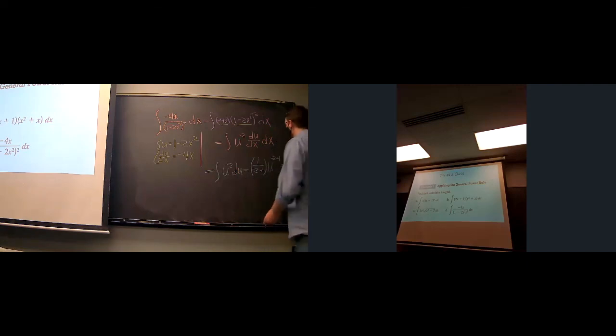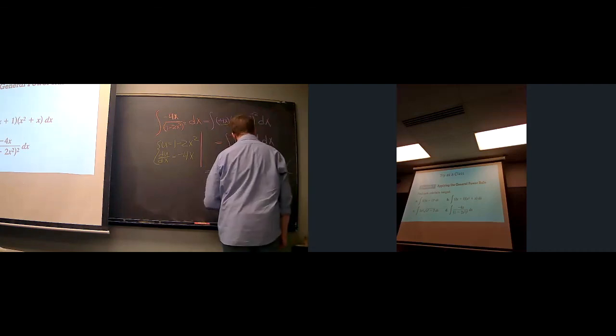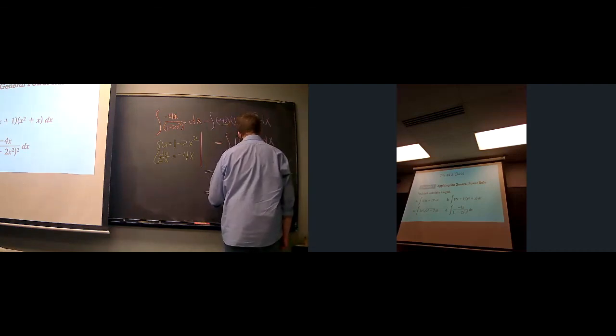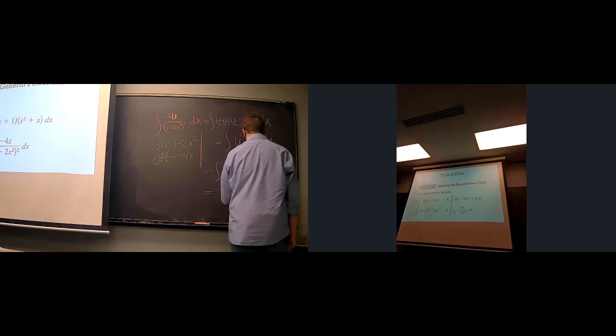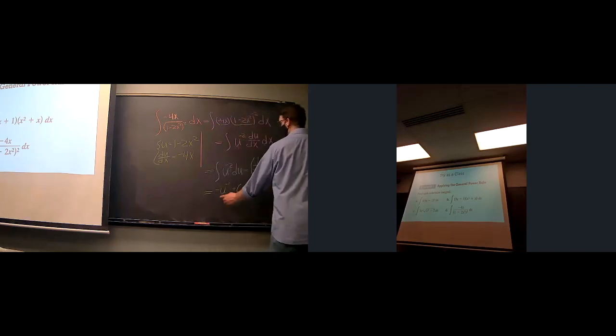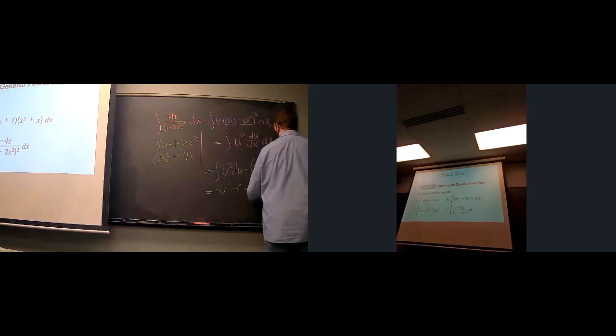Rewriting it, we get negative u to the negative first power plus c, or substituting everything in now, negative 1 over 1 minus 2x squared plus c.